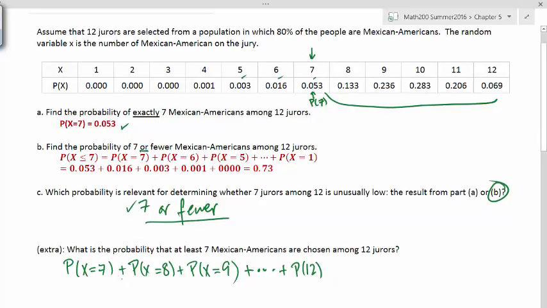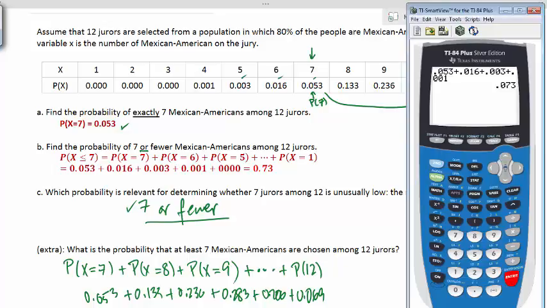So now this will be 0.053 plus 0.133 plus 0.236 plus 0.283 plus 0.206 plus 0.069.